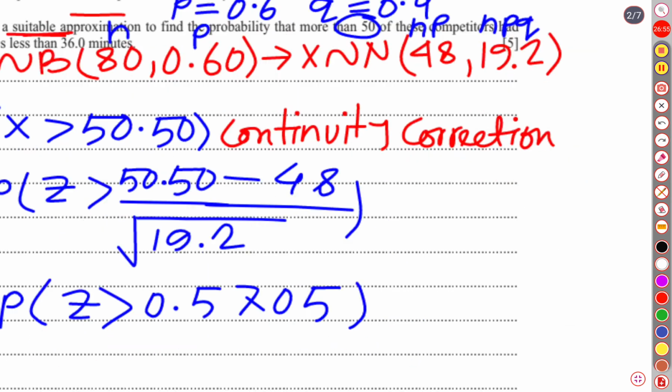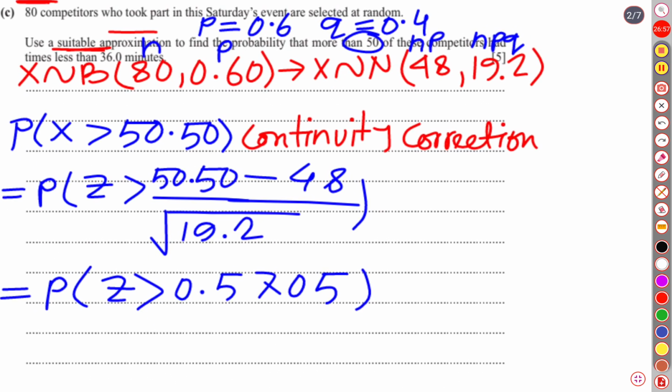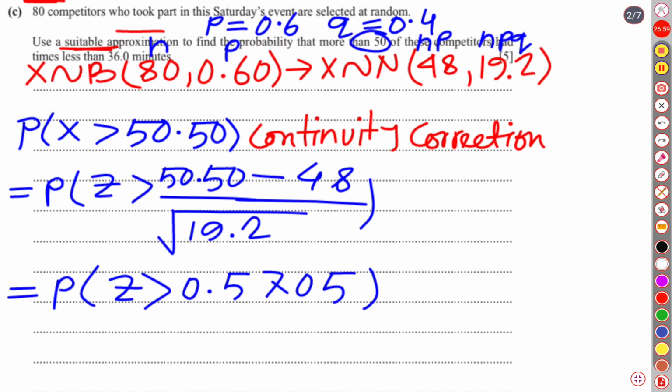Now if we draw a normal distribution graph, then we can be clarified. This is our curve. The midpoint is 0 and our z score is positive.